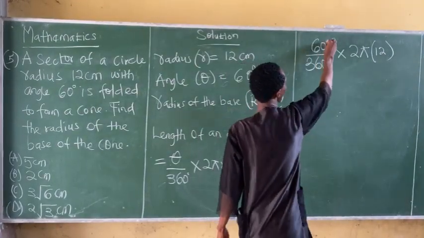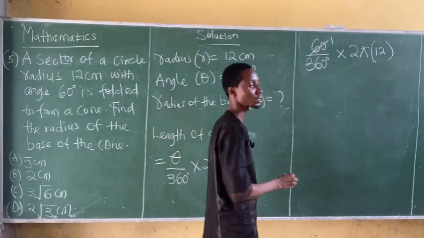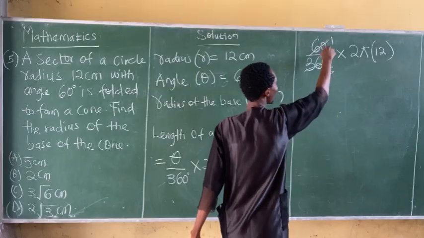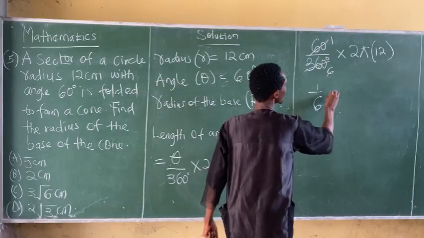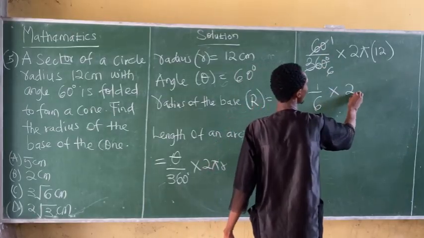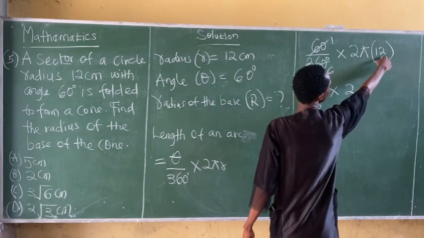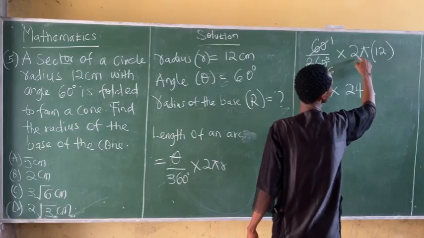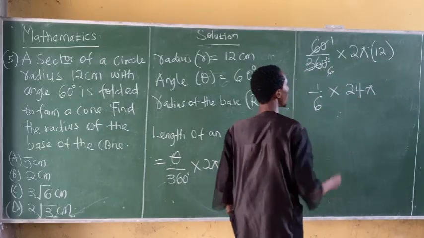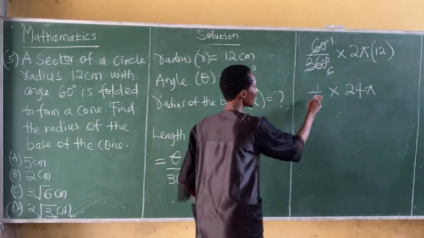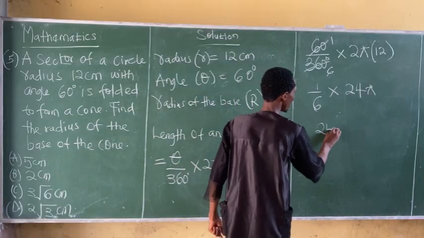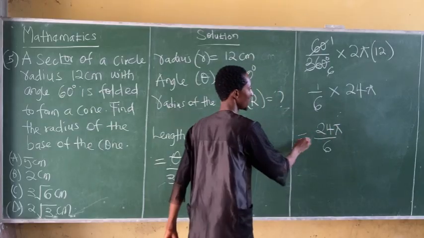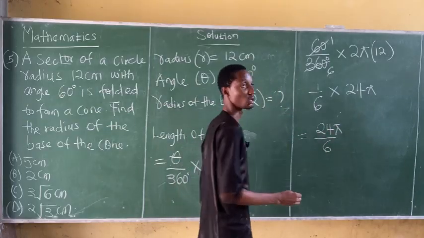Now, 60 divided by 60, you have 1, right? 360 divided by 60, you have 6. So here we have what? 1 over 6 times 2. 2 times 12 will give us what? 24. So we have 24 pi here. This is 2 pi times 12 will give us 24 pi. If we simplify further, we have 1 times 24 will give us 24 over 6 pi. 24 pi divided by 6 will give us what?